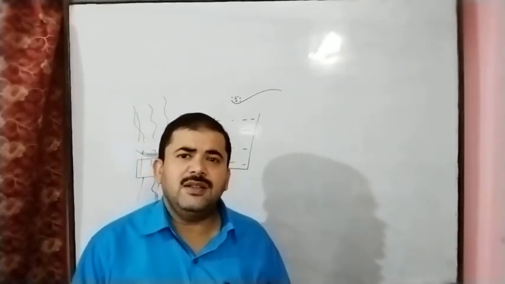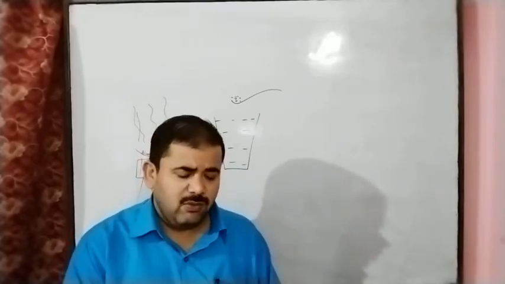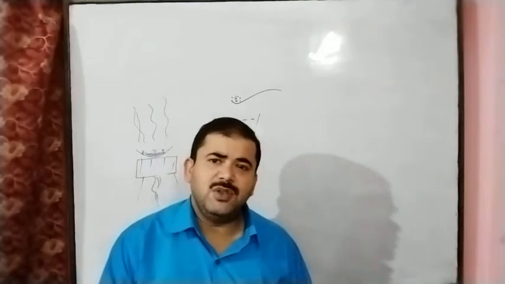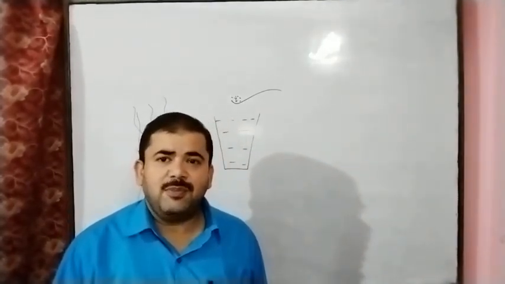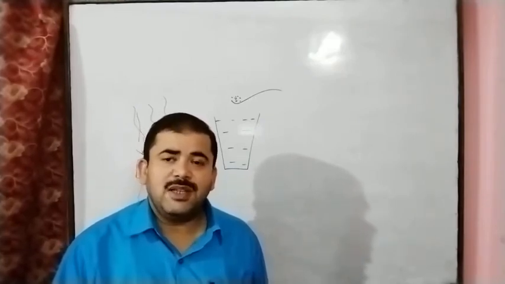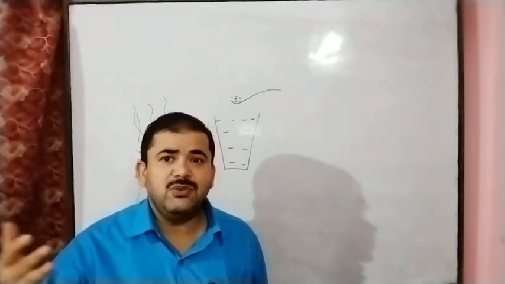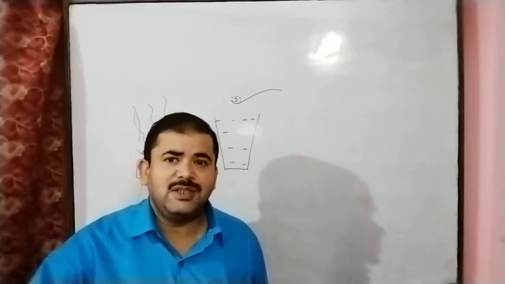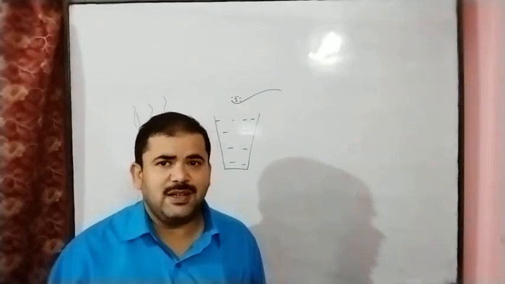In some cases we use other methods, and one important method is sublimation. The sublimation method is useful for the separation of a solid mixture. First of all, what is the sublimation process?